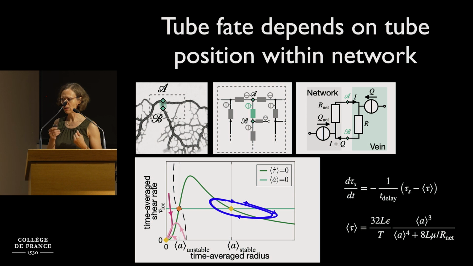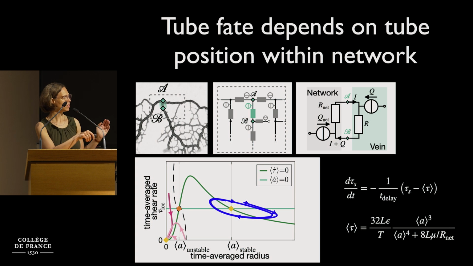So you can have the same tubes, but for one tube, its phase diagram looks like that at this radius and at this shear rate that's happily stable. But for another one, this whole diagram is actually shifted to the far left. And although it has the same radius and the same shear rate, it's actually in this regime because of the difference in R net.